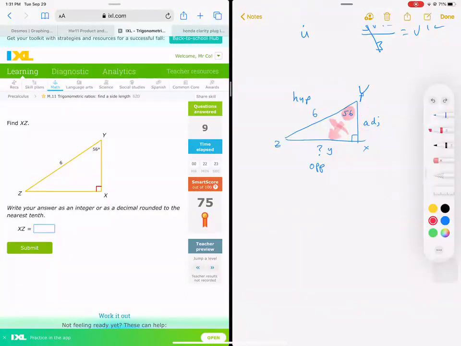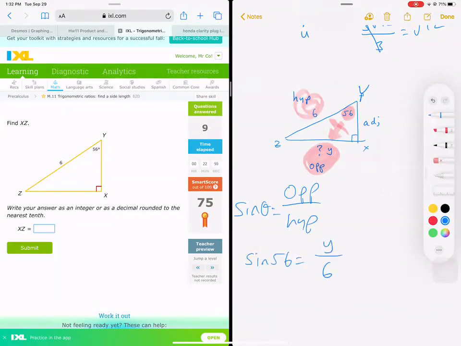So we are asked to solve for this missing side, y. So we are looking for opposite, but we have hypotenuse. Opposite hypotenuse is sine. So I write sine. You can just skip this step and just write sine of the angle 56 that I was looking at is equal to opposite over hypotenuse.